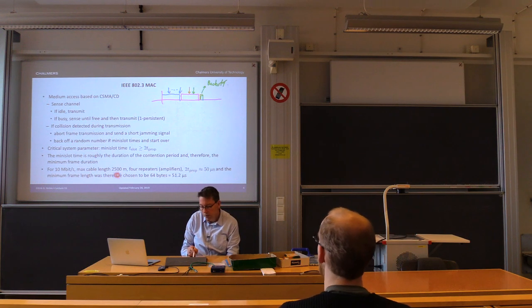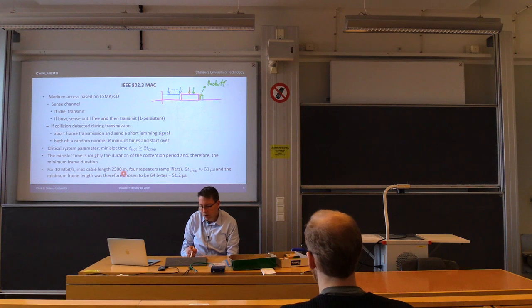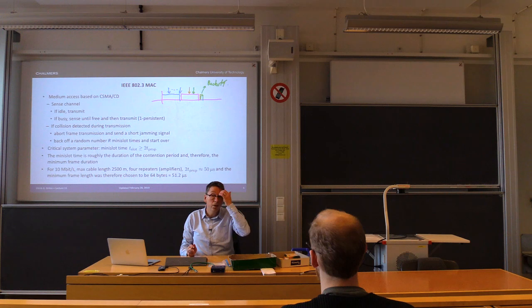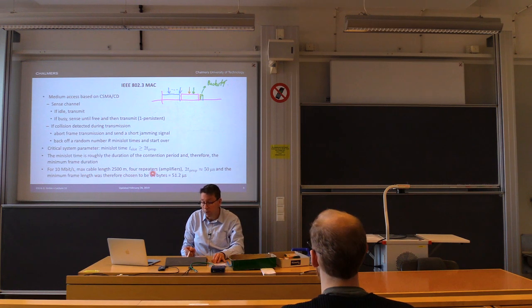So anyways, there was a thought that, okay, maximum cable length of 2.5 kilometers, and for the signal to not be attenuated too much, one put in 4 repeaters, basically amplifiers. The amplifiers also take some time to go from input of the amplifier to output of the amplifier.